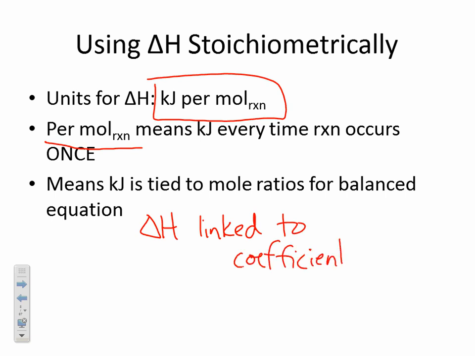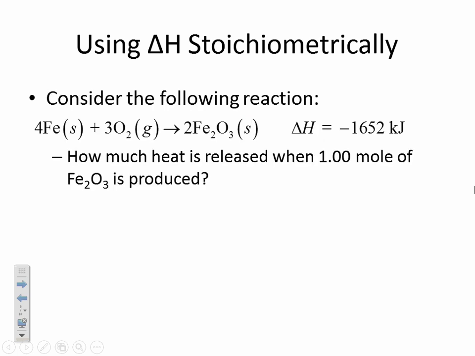We can think of that enthalpy value as being for a certain amount of moles, for 2 moles or for 3 moles of something, depending on the balanced chemical equation. So for example, we have this reaction here, 4Fe plus 3O2 yields 2 Fe2O3, and we have a delta H value next to it, minus 1,652 kilojoules. Even though there's no per mole of reaction written next to it, it is very much there. It's implied.